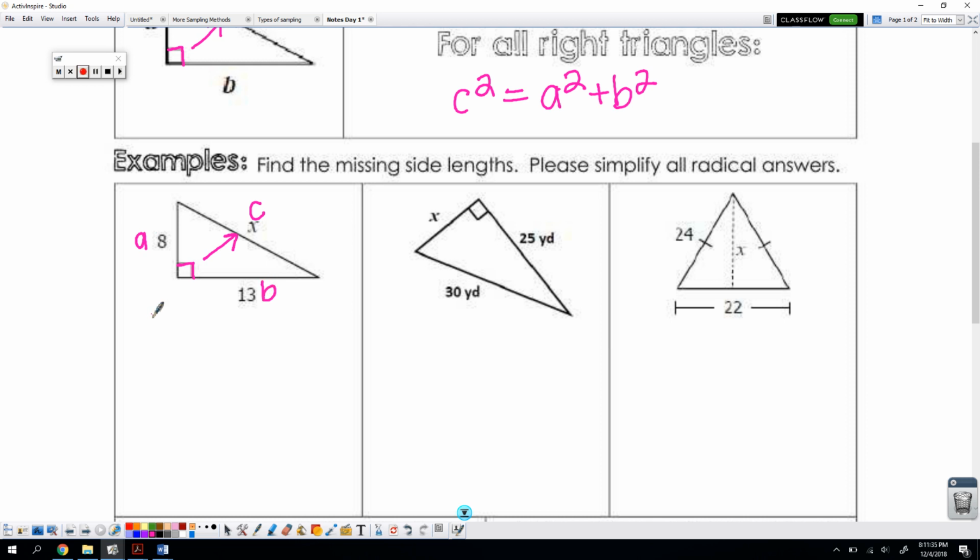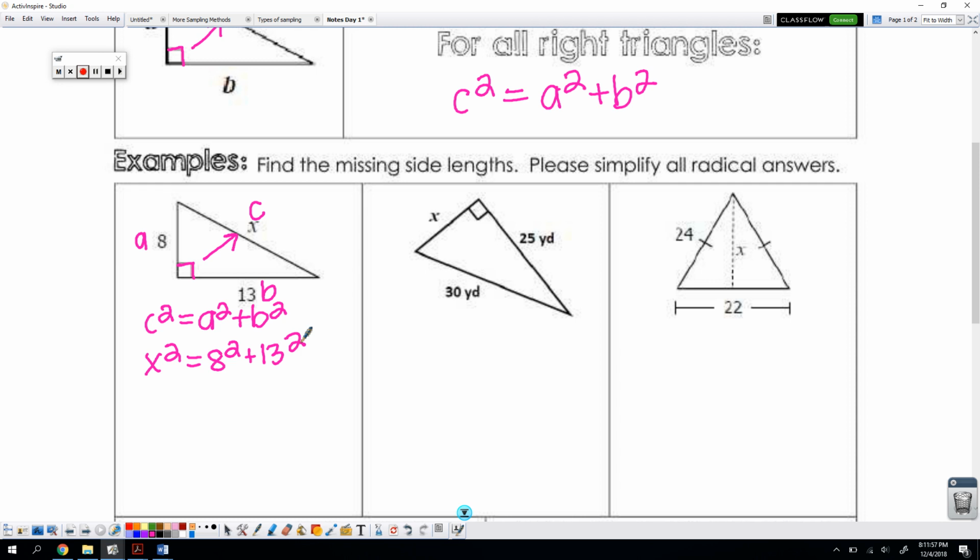So our formula goes c squared equals a squared plus b squared, which means we have x squared equals 8 squared plus 13 squared. Now, you should know some of your perfect squares, although we don't expect you to know them all.